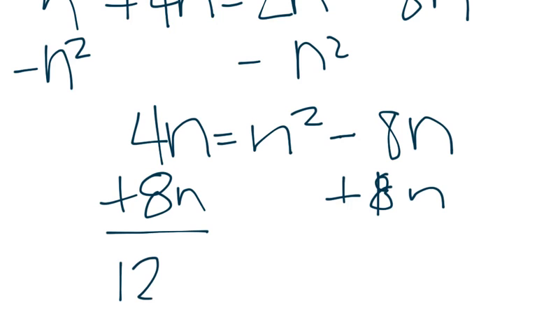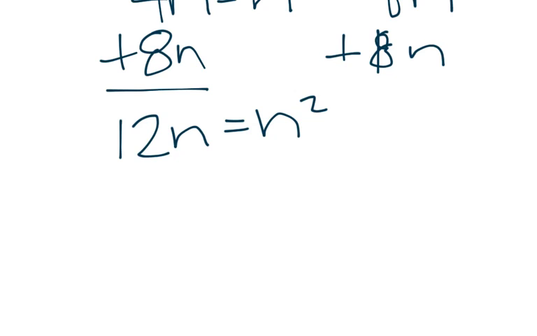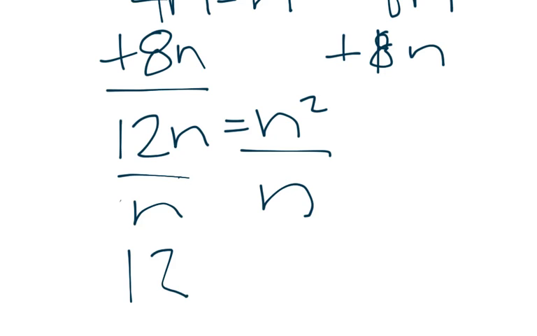So that's 12n equals n squared. Now we can divide both sides by n, or we can factor out the n as well. Just kidding, we're just going to divide both sides by n. So we have 12 equals n, and this is our final answer.